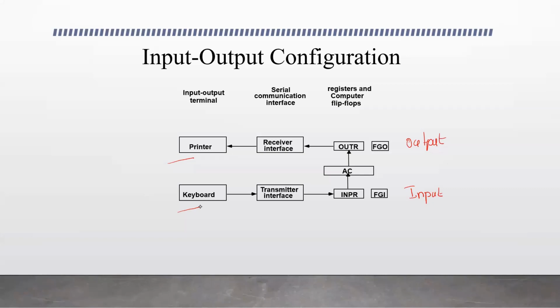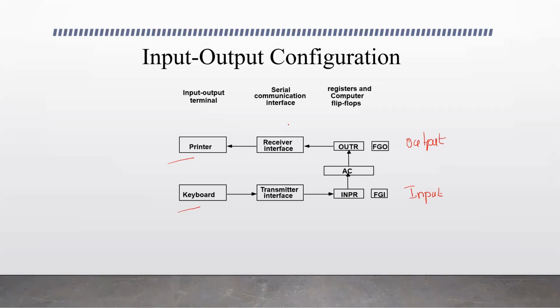After the processing, the computational results are printed using the printer. The keyboard is the input device through which the information is taken. Input terminal is the keyboard, output terminal is the printer.